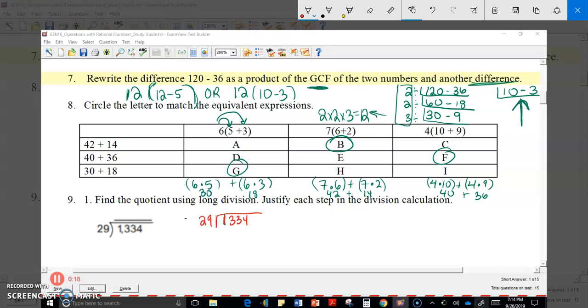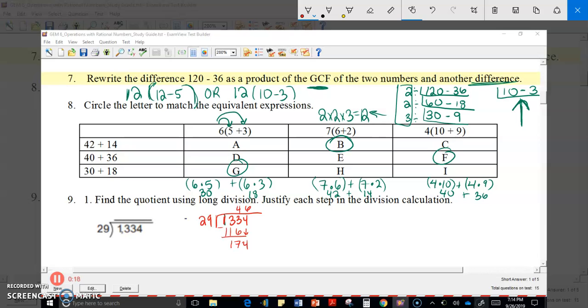Okay, so now how many times does 29 go into 33? Well, it looks like it's going to go about 4 times. And 29 times 4 is going to give me 116. 133 minus 116 is going to give me 17. 174 divided by 29 is 6.